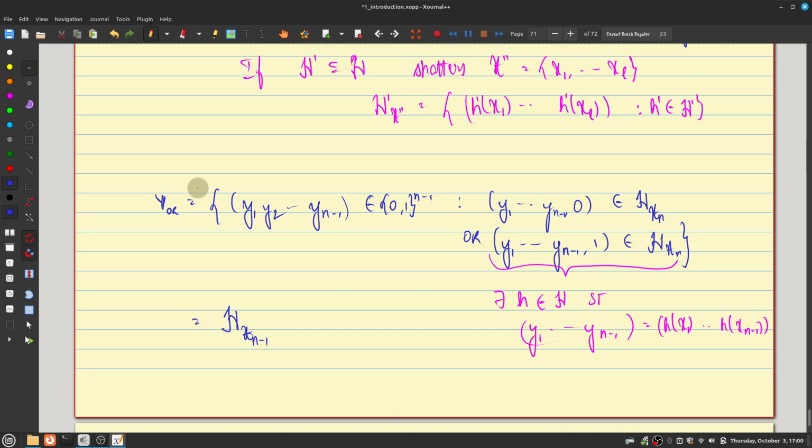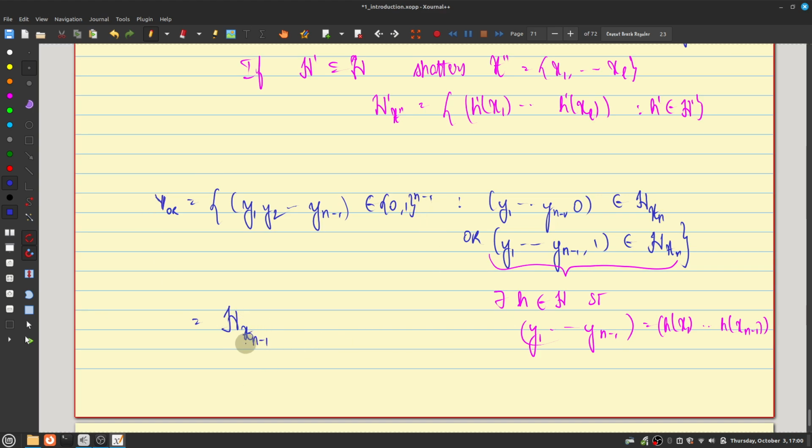In y or, the element that is added could either be a 0 or a 1. So there are m elements that have 0 at the end, and m elements that have 1 at the end. We're only looking at this particular statement.